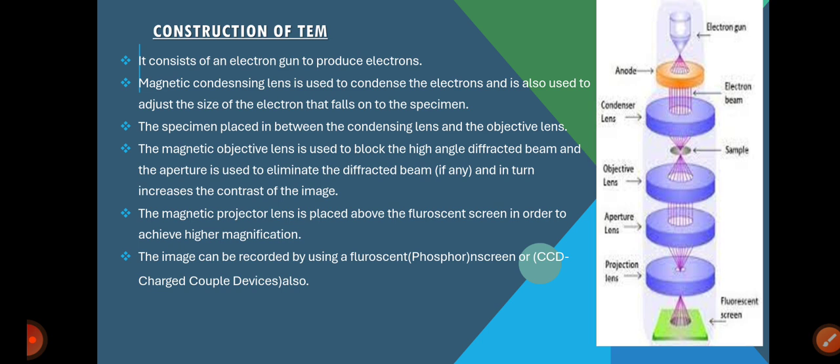Next, after that, we keep a magnetic projector lens after the aperture, in front of the fluorescent screen, where we get a highly magnified image. So this is the TEM, the transmission electron microscope.